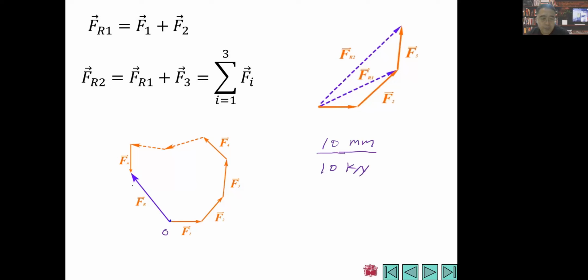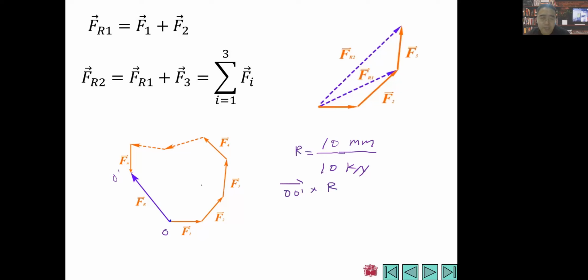So this is the start point. This may be O prime, the end point. Do you guys understand that from this start point O to the end point O prime, its whole length times our ratio here, the length of OO prime, will be the magnitude of FR?